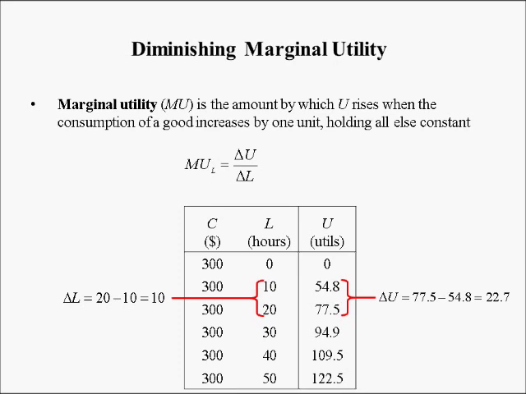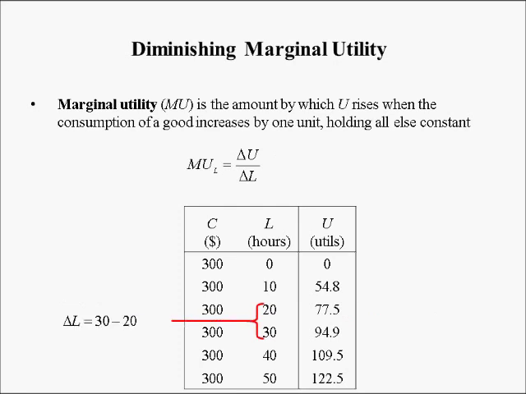So the average marginal utility from 10 to 20 hours is 22.7 divided by 10, which is 2.27. So on average, when we're going from 10 hours to 20 hours of leisure, an additional hour of leisure means our utility only goes up by 2.27. So marginal utility is diminishing as leisure goes up.